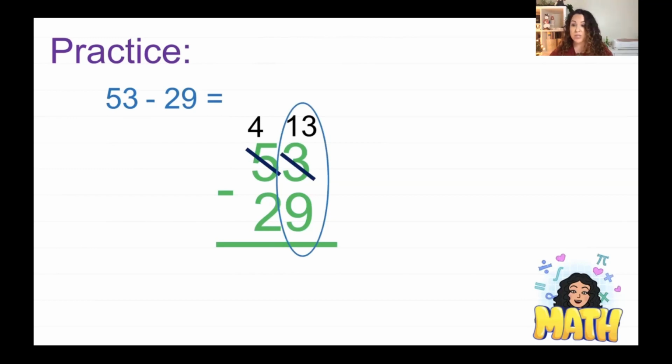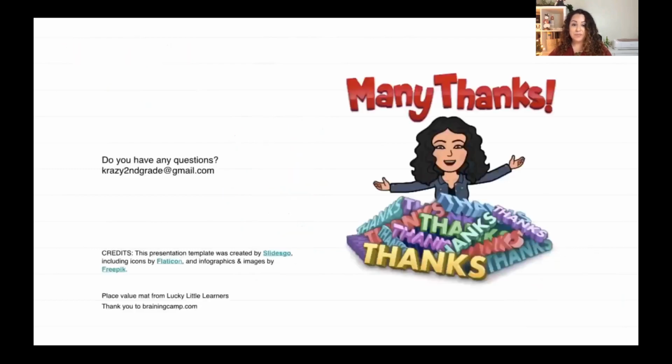This is where you can use your cubes, you can use your own strategies to solve 13 take away 9. Okay, 13 take away 9 is equal to 4. So now let's focus on the tens. What's 4 take away 2? 4 take away 2 is equal to 2. So our answer is 24.